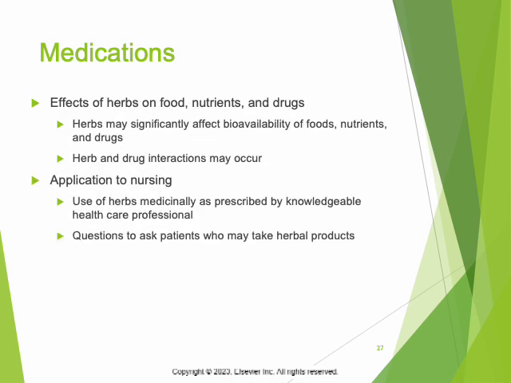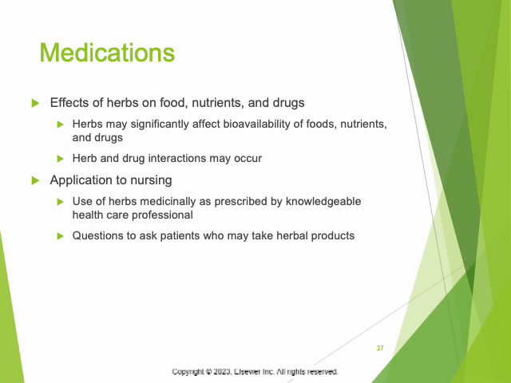Additionally, in terms of foods and nutrients, think about herbs that are on our foods. They can significantly affect the bioavailability of the food, the nutrient, and even the drugs. And we have seen herb and drug interactions as well. Now, of concern are the effects of commonly used herbs, especially on the body that is undergoing a surgical procedure.